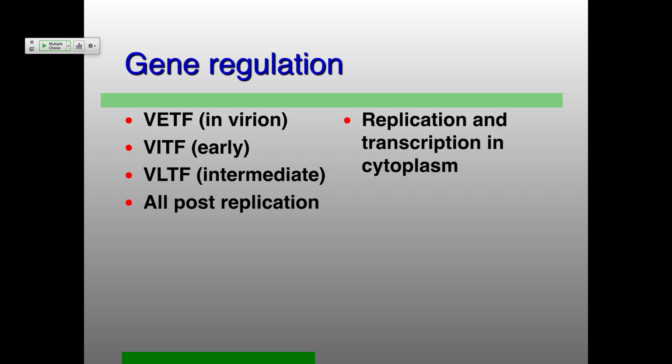Okay, so just a reminder here: early transcription factors, as Melissa pointed out, are in the virion, the intermediate transcription factors are early genes, the late transcription factors are the intermediate, and then we have these being made after replication, again getting them into the virion, and everything is happening in the cytoplasm.